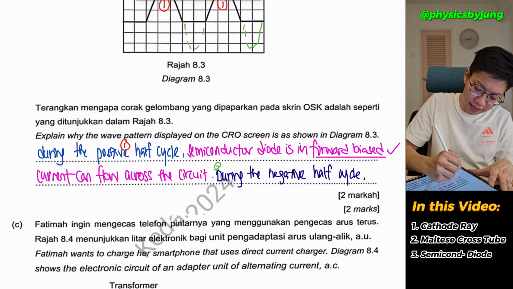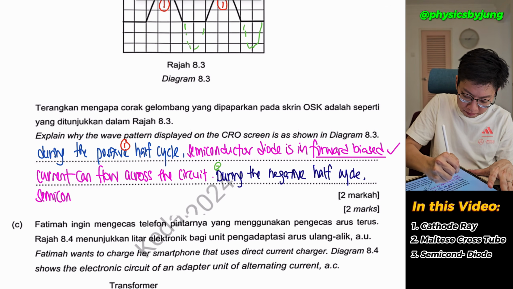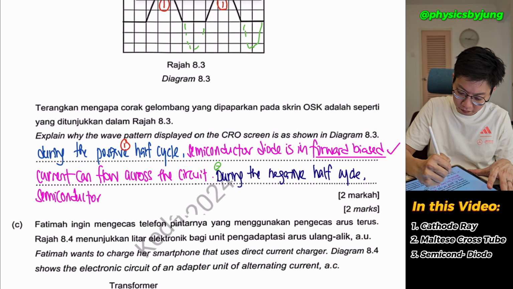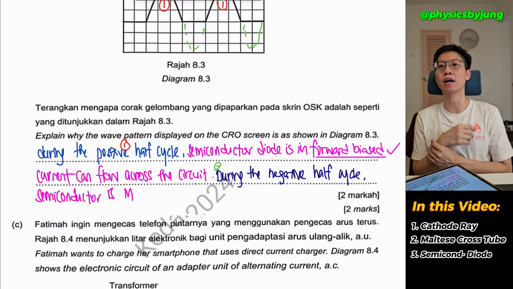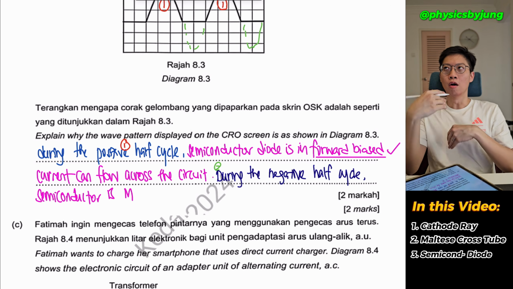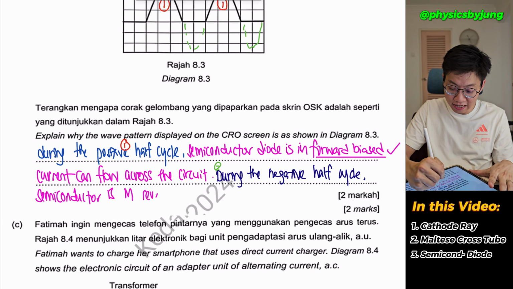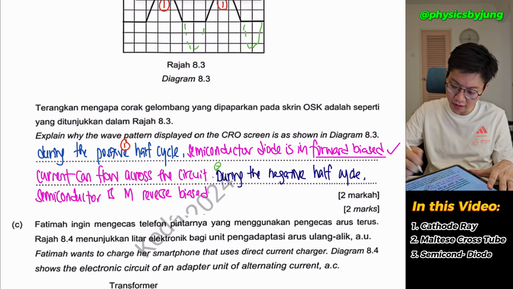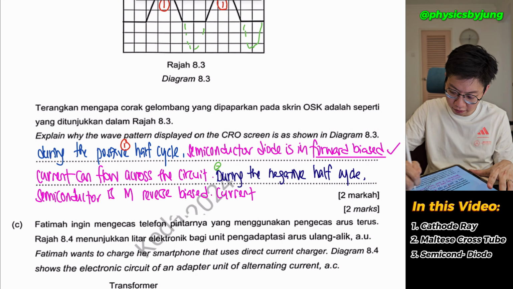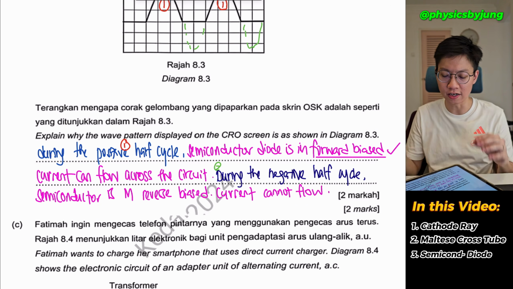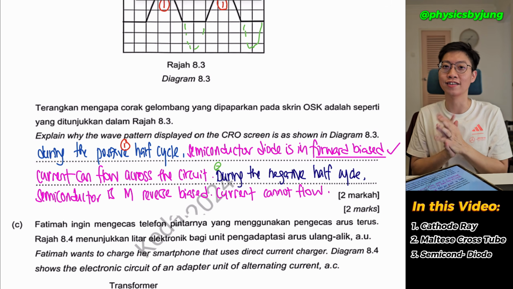Then we use back the same thing. We say our semiconductor is in, guys, what's the opposite of forward bias? So it is in reversed biased. So therefore your current cannot flow. That's why you will have no current flow.